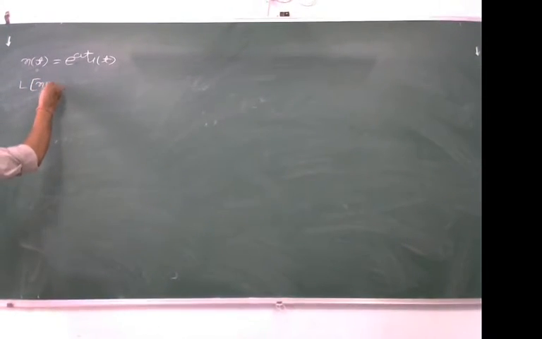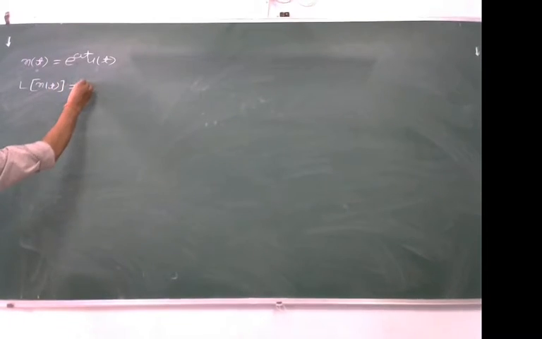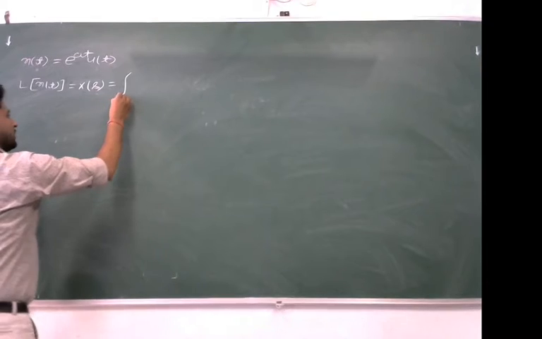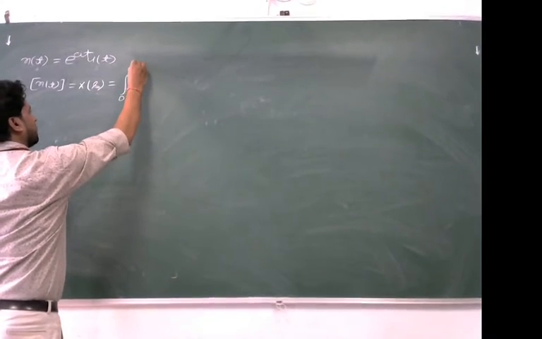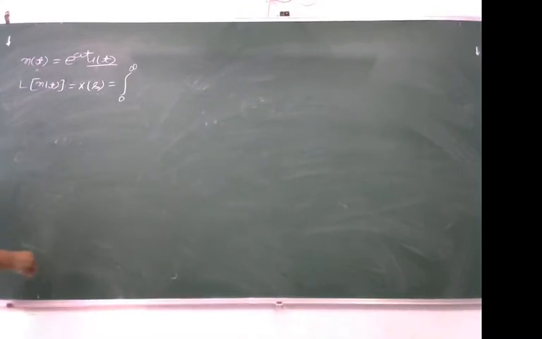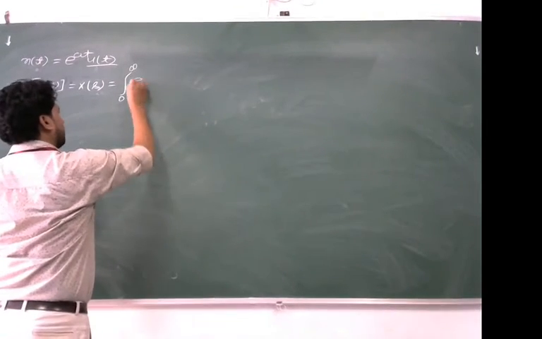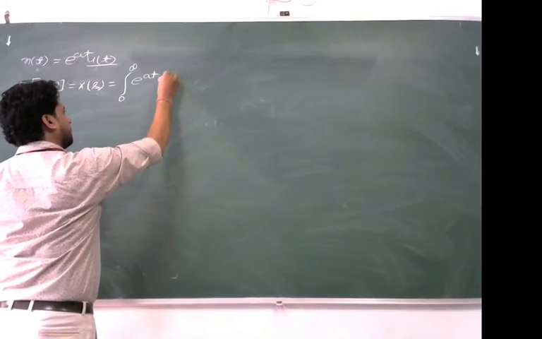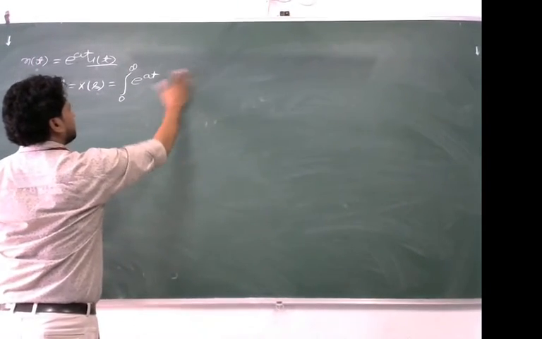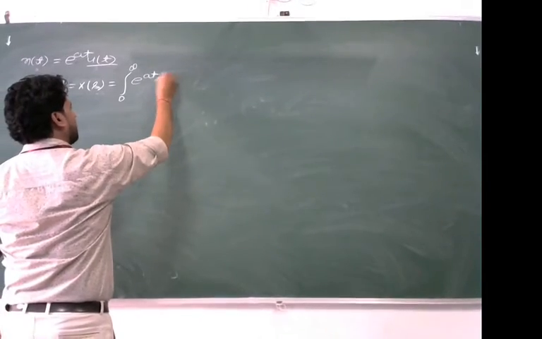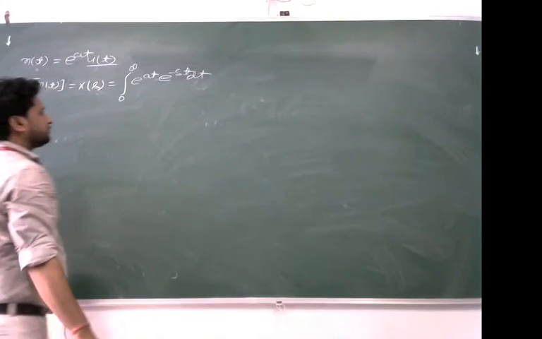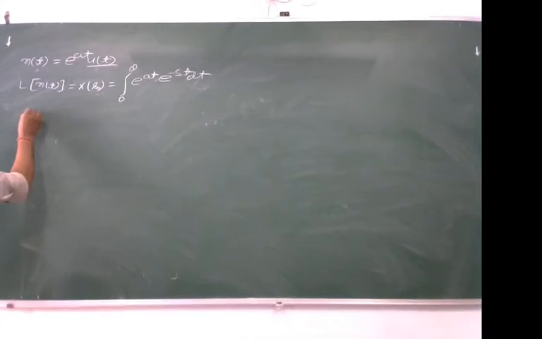X(s) will be equal to the integral with limits from 0 to infinity, because u(t) is here, and in place of x(t) I put e^(at) into e^(-sigma t). In place of sigma t I write e^(-st) directly, into dt, from the relation of the Laplace transform.